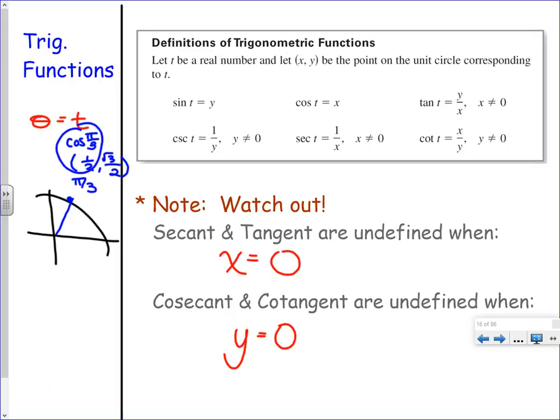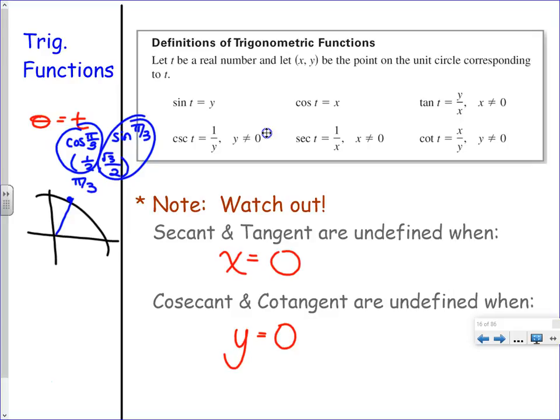The x goes with cosine. What does the y go with? Sine. How do I find tangent? Him over him or him over him, right? If I was to do root 3 over 2 over 1/2, you're not going to like it, I know, but it's still possible. We'll get some examples before we're done today.